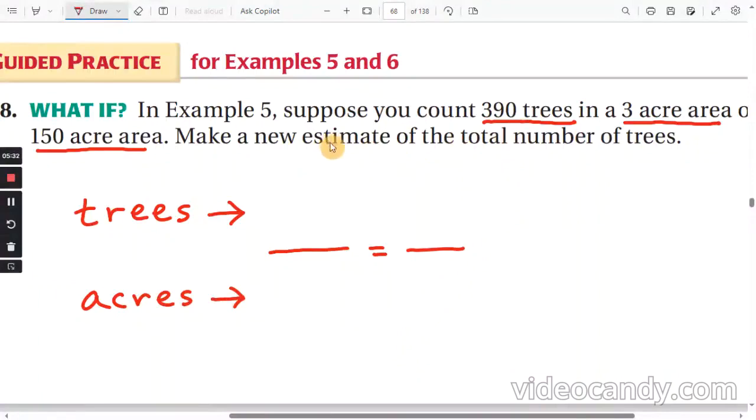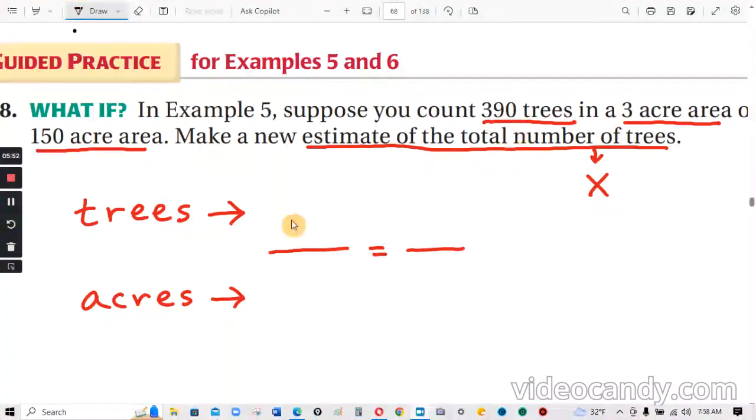For the new estimate for the total number of trees, I would just make that equal to x. So do 390 over 3 equals 150 over x and solve it.